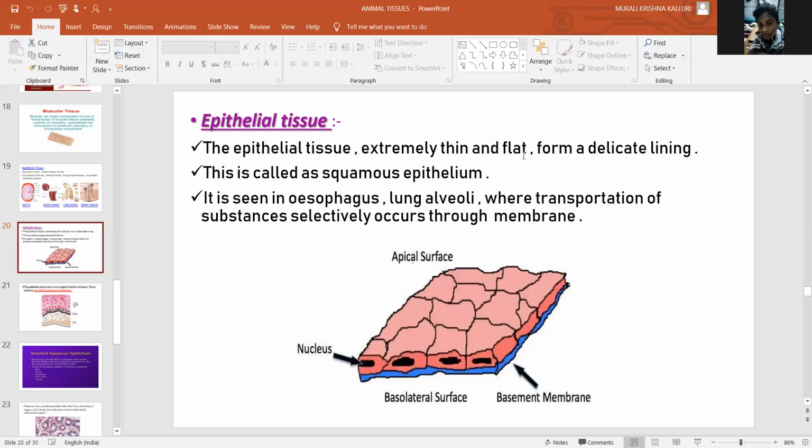And it is seen in the esophagus and lung alveoli, and where transport of substances occurs selectively through the membrane, that is the plasma membrane. The plasma membrane is also called a selectively permeable membrane.